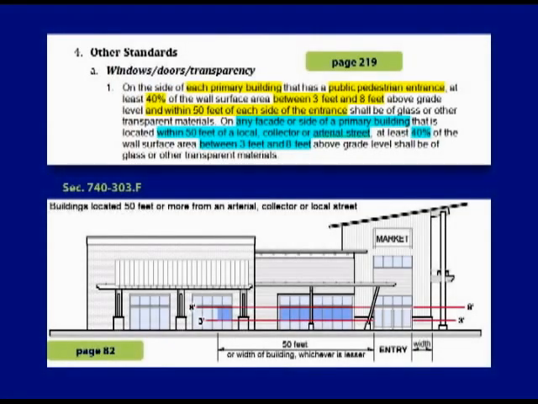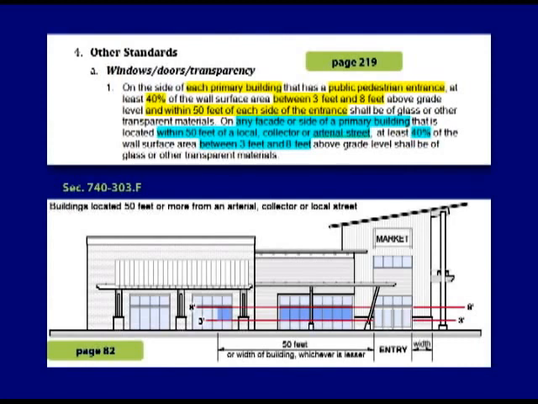Because this is very new for us, Indianapolis, I wanted to take a little bit of time and talk about those other standards. In the commercial districts, there is a transparency requirement. Transparency is the ability to see, well, transparent, just like the word says, see through things.